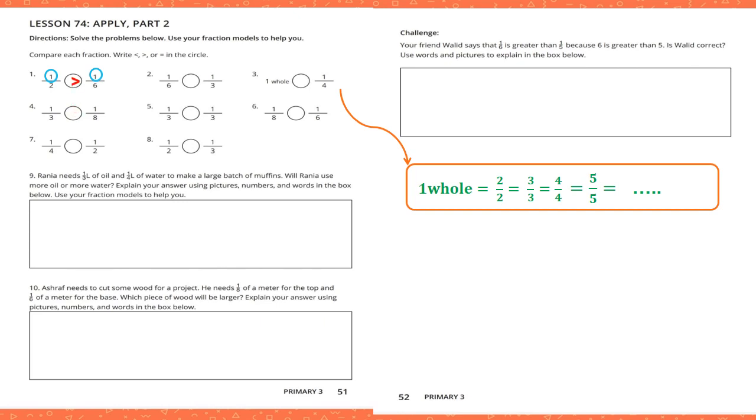Here also we have sixth and third, so the numerators are the same, it's unit fraction. When we compare the unit fraction, the big denominator is smaller and the small denominator is bigger.